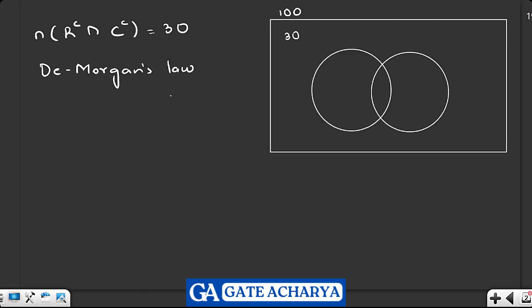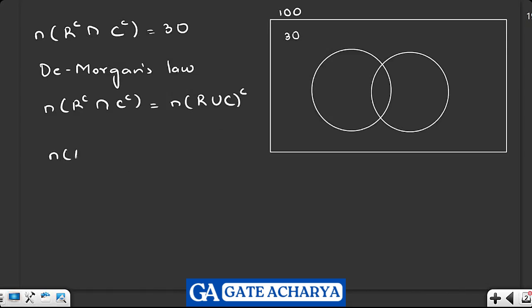So De Morgan's law says that for probability it will be based on probability, and here it will be based on the number of elements. The number of R complement intersection C complement is always equal to the number of R union C the whole complement.